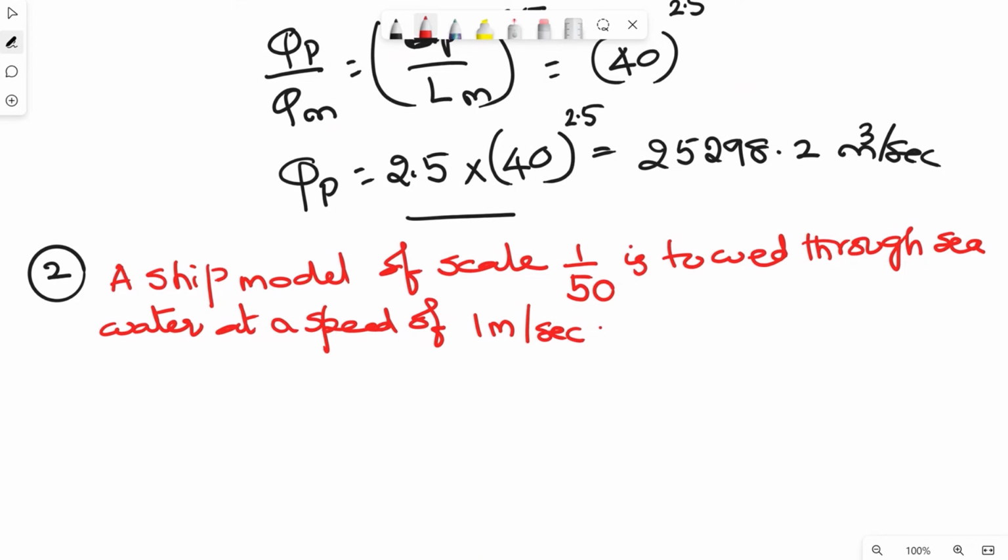A force of 2 Newton is required to tow the model.